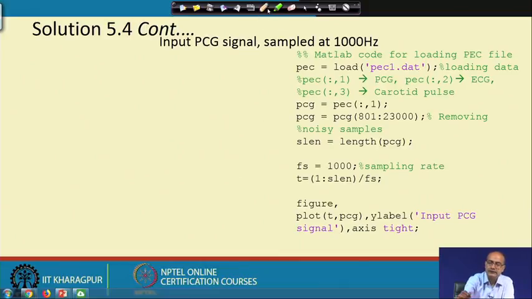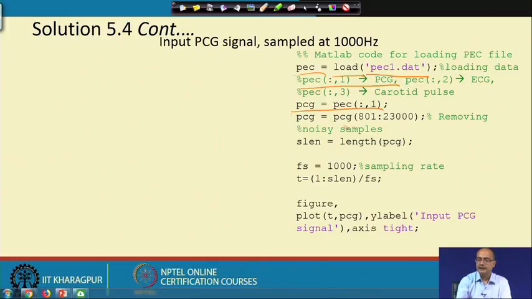So, for that first we take the signal PCG1.dat, we load that in the variable PCG, and we know that in the 3 channel signal the first channel is the PCG signal. So, we take that for further analysis.